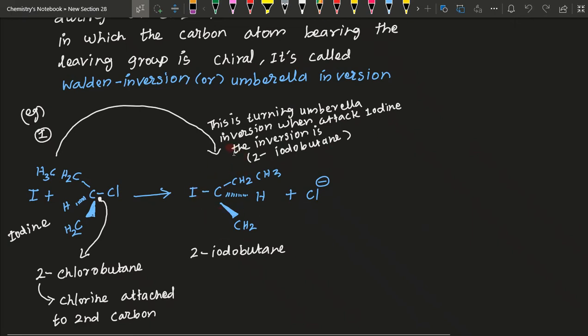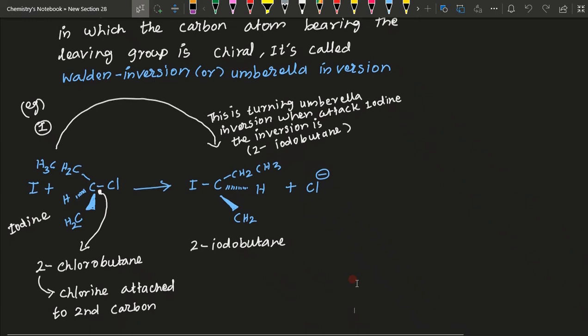This is the 2-iodobutane. In this conversion, 2-chlorobutane going to 2-iodobutane, because iodine is more electronegative than the chlorine atom. That's why the electrons are pulled from this carbon.